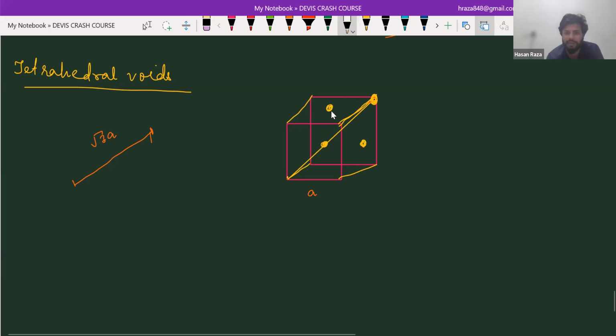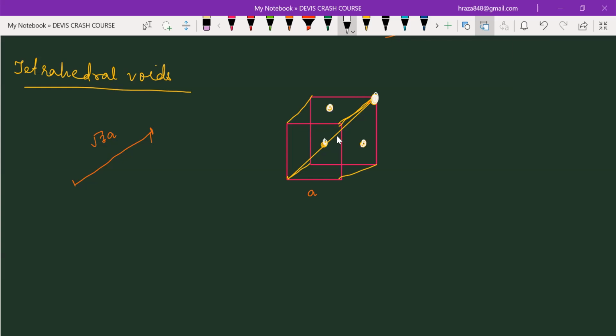Due to these four atoms located at the corner, face, and body center, there will be a void, and that void will be known as a tetrahedral void. Four atoms, tetrahedral void. Are you getting my point?